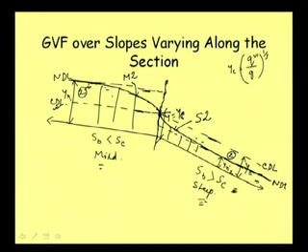We need to compute here when y is just greater than yn, and here when y is just less than or equal to yn. That way we can complete our computation, starting from this point this way on the downstream side, and starting from this point on the upstream side.